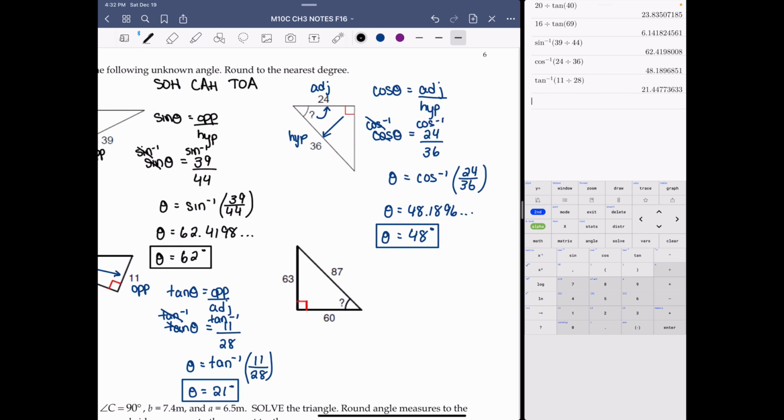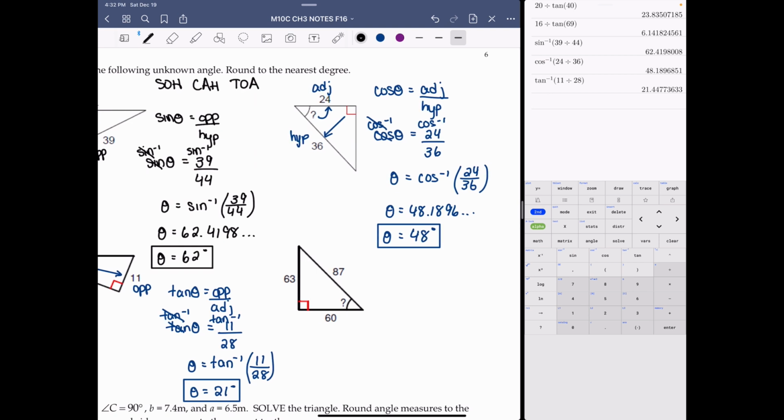Last one of this type. In this case, we have all of the sides. We've got our hypotenuse, which is across from our right angle. We've got our opposite side, which is across from the angle we don't know and we want to find. And then the third side is the adjacent side.